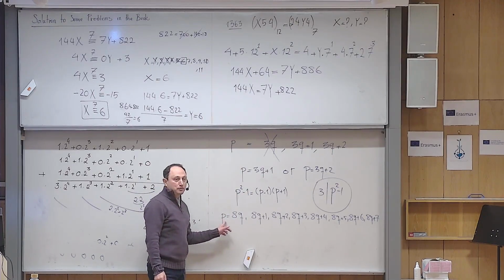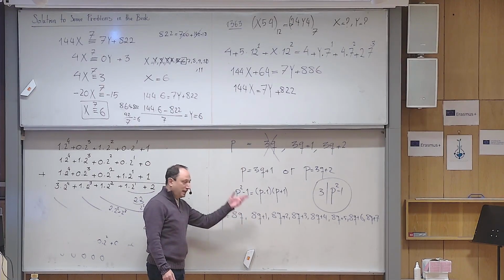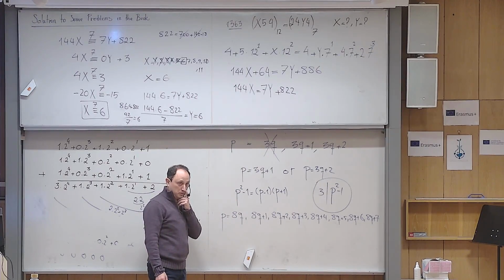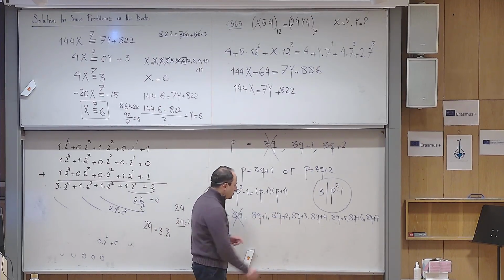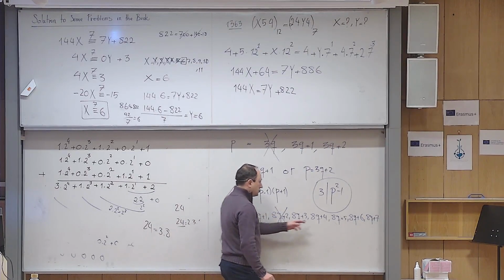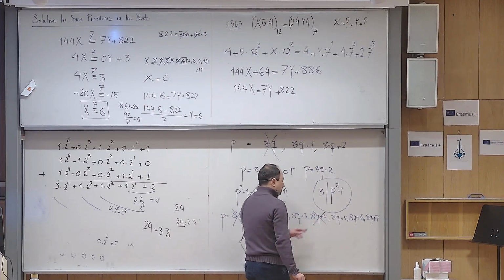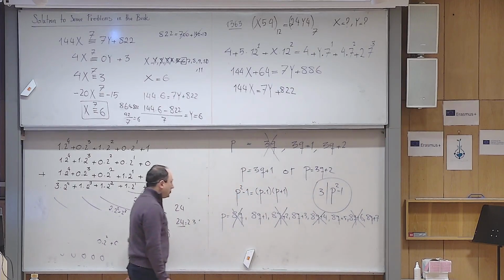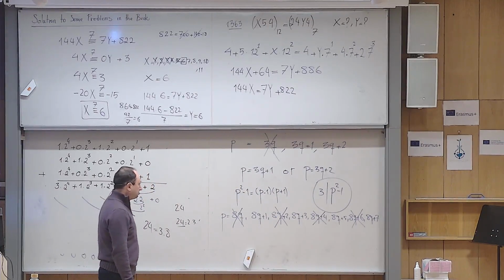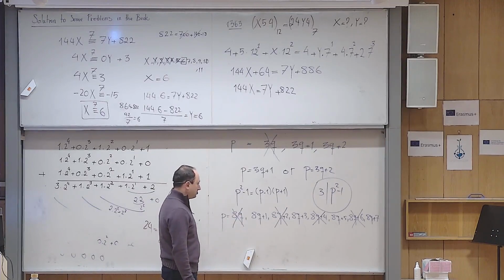But now I know this is prime. So let us eliminate some of them that don't work. Does this work? No. It's a multiple of 8. It cannot be prime. Does this work? No. It's an even number. This does not work. And this does not work. Okay? So the only options that I have available are these cases.